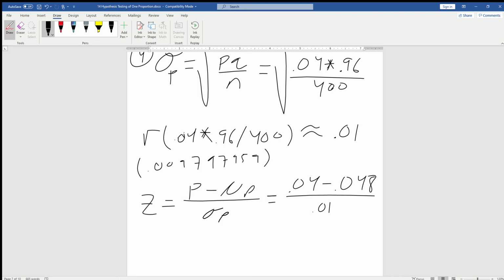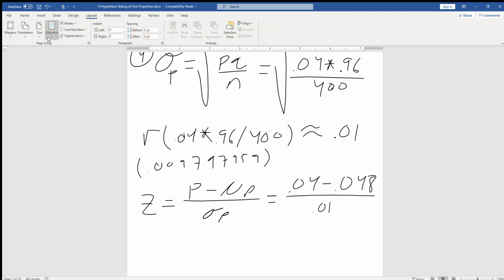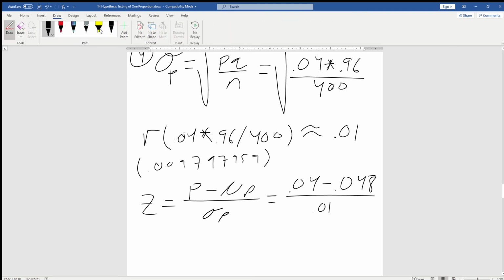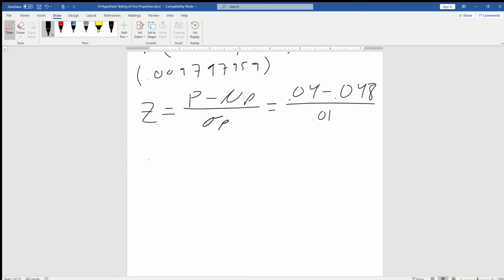I'm going to type that in my calculator really quickly: 0.04 minus 0.048 divided by 0.01, and I got negative 0.8 as my z-score. So z is negative 0.80. Now, we're going to go to the z table and convert.